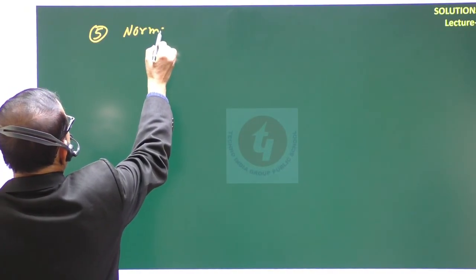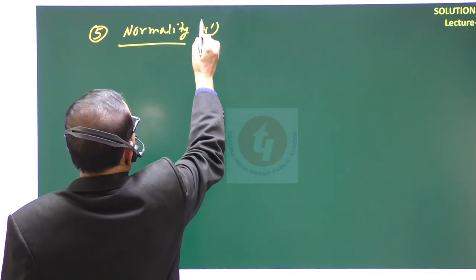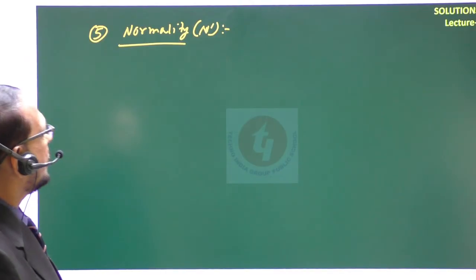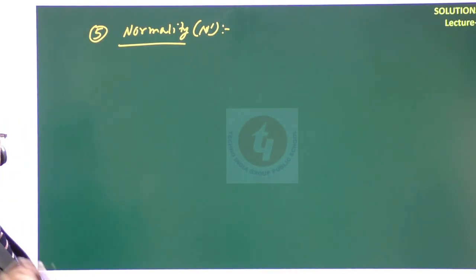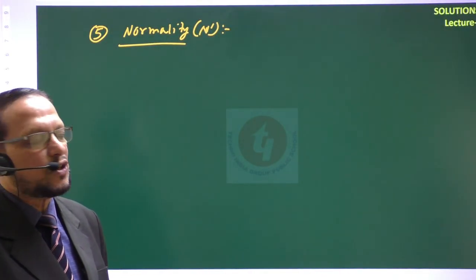After mole fraction, one more definition I am giving, normality, and then I will give the relations. Normality we have learned in class 9 and class 11. Normality means if 1 liter of solution contains 1 gram equivalent weight of solute, then it is called 1 normal.